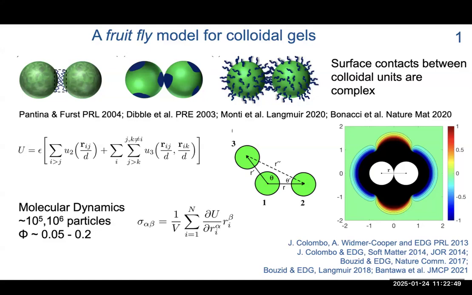The surfaces can come close to each other, and there can be roughness, there can be patches of attraction, there can be polymers grafted to sterically stabilize the particles that then constrain the relative motion. And so we have implemented this complexity in just one thing.